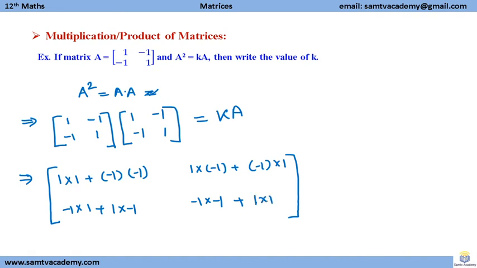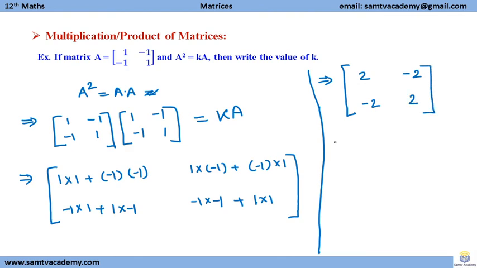So it will turn out to be, this is 1 into 1, this will become 2, this is minus 1 into minus 1 plus minus 1, this will be minus 2, this is minus 1 minus 2, this is 1 cancel, 1 plus 1 is 2.